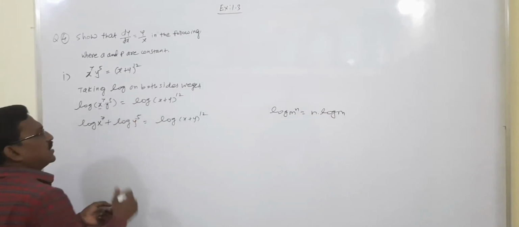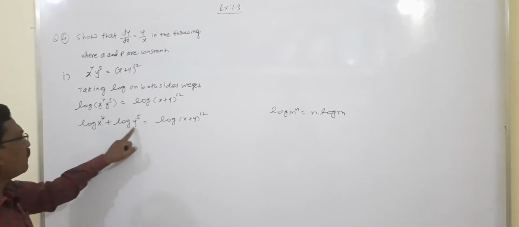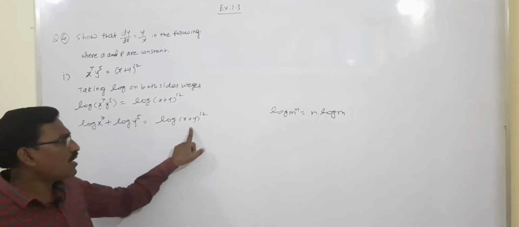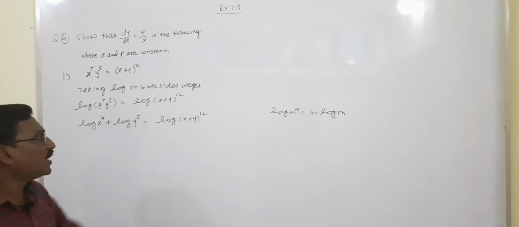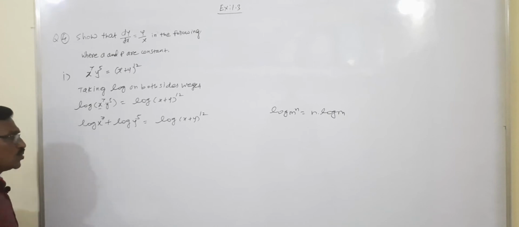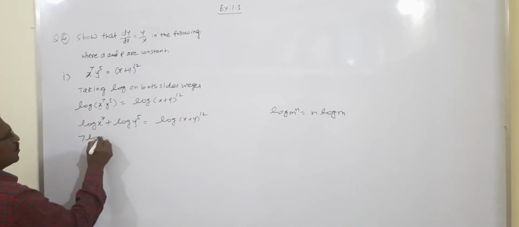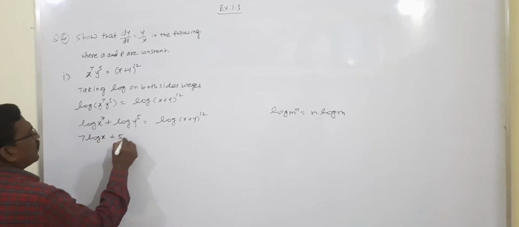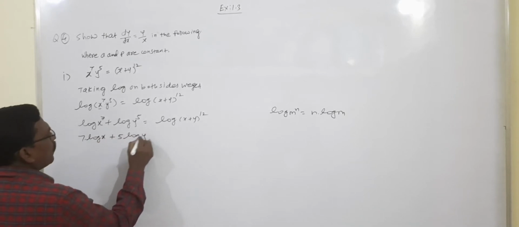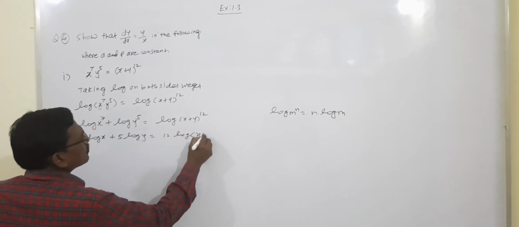We use here m means x and y and x plus y, n means here 7, 5 and 12. Again using this rule, 7 into log x plus 5 into log y is equal to 12 into log of x plus y.